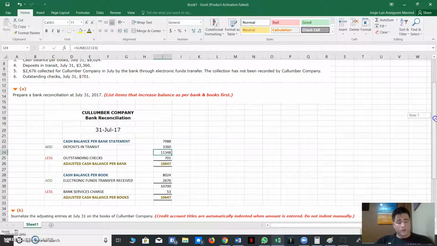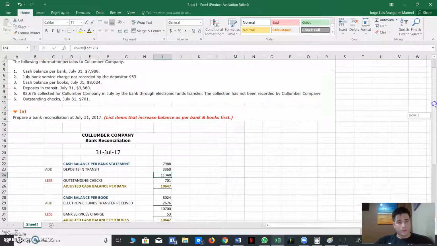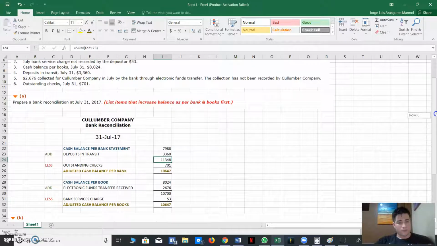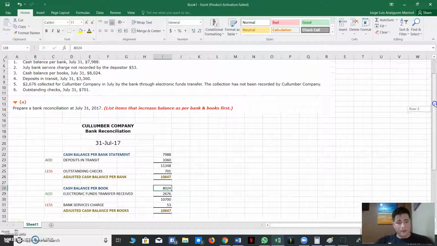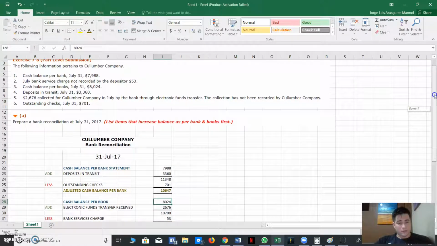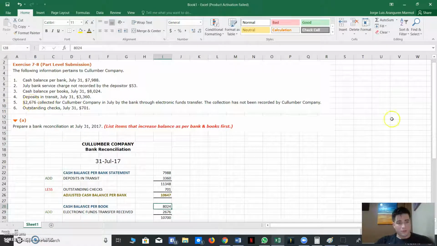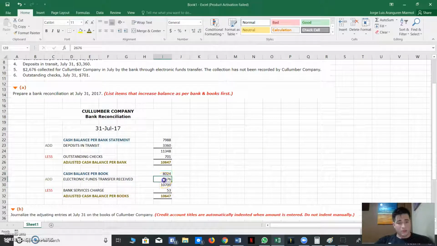Then we need to prepare the adjusted cash balance per book. For doing that we need to look at the cash balance per book, and it's in number 3. We have $8,024. We write down the value, and we add electronic funds transfer received. We have the value here, 2,676. We write it down and make an addition.